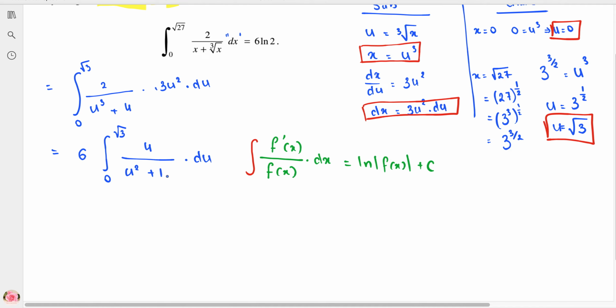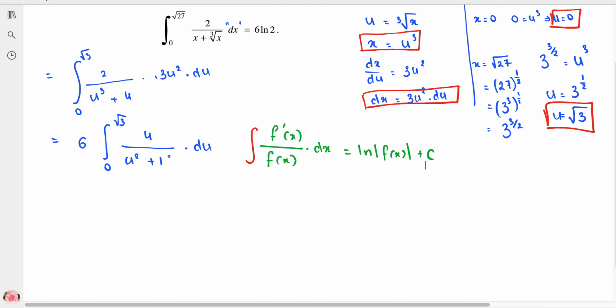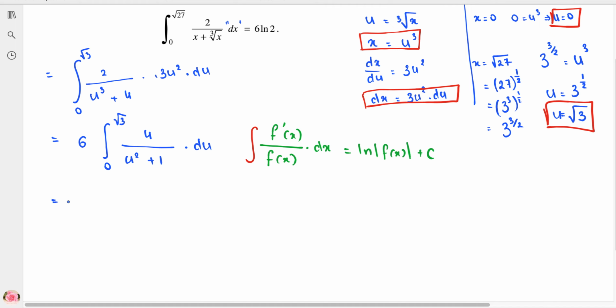The differential of u squared plus 1 is just 2u. All we are missing is a 2 here, so we need to put a 2 in the front. That becomes 2u over u squared plus 1 du. You can't just add a 2 here and not adjust the constant, you can't randomly bring in a 2.